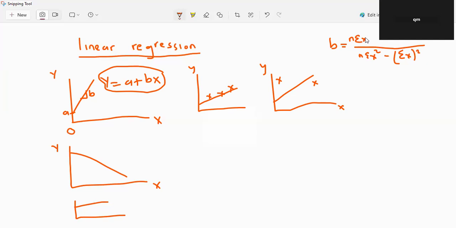And here we have summation of xy, summation of x and summation of y. Then the a is called the cutting point, the y-intercept. It is simply given by summation of y over n minus the slope times summation of x over n.